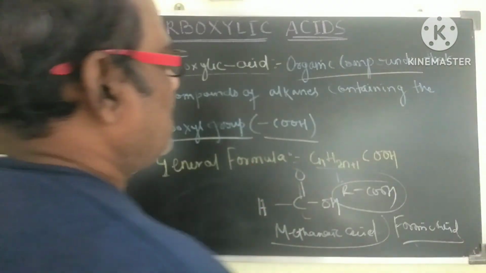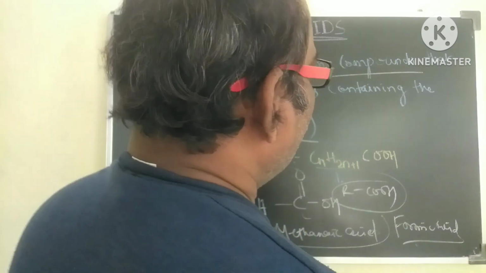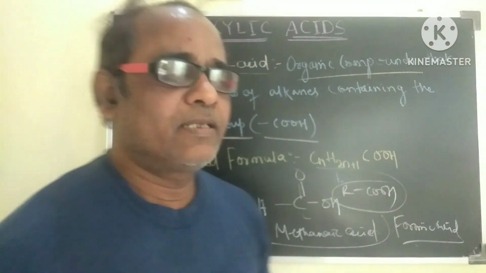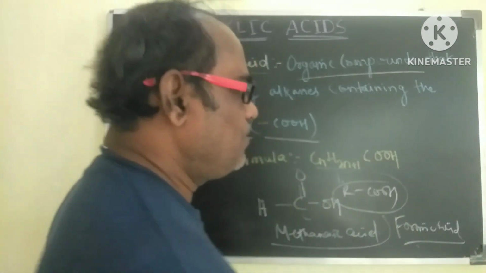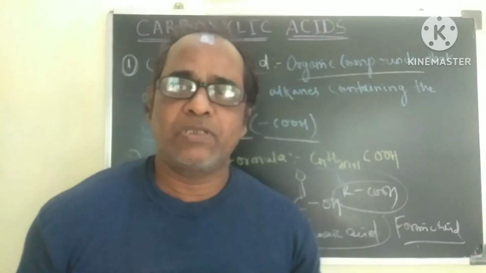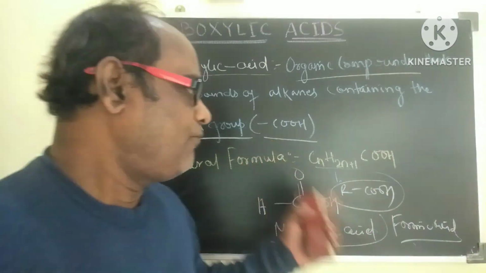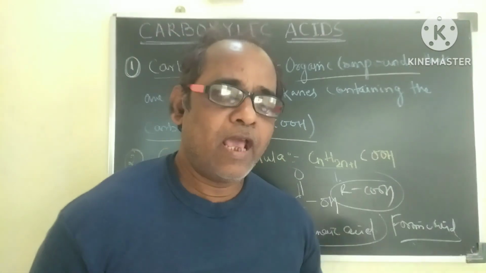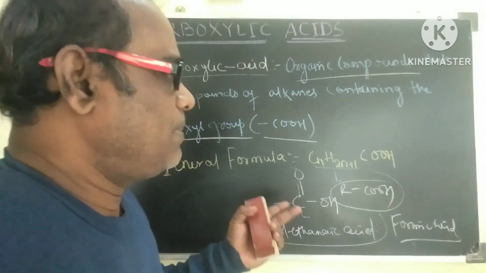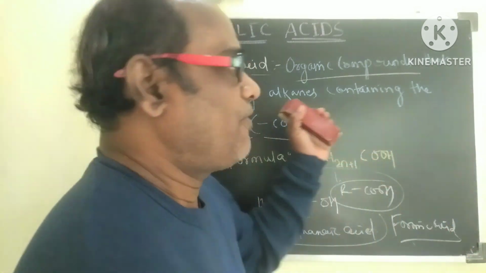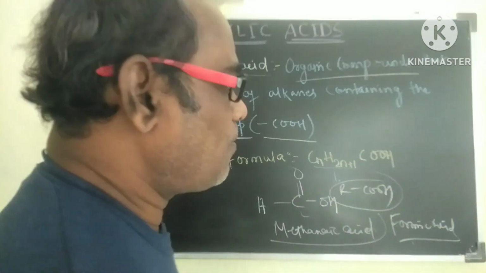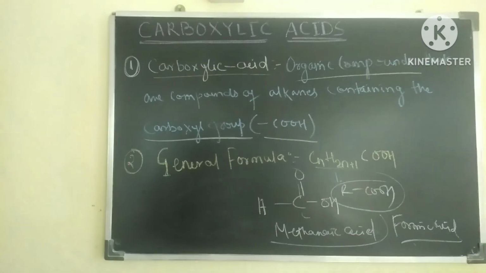Again, any organic compound that contains a single COOH we say is a monocarboxylic acid, or if we have 2 COOH then it becomes di. Let us find out the structure of both carboxylic acids.